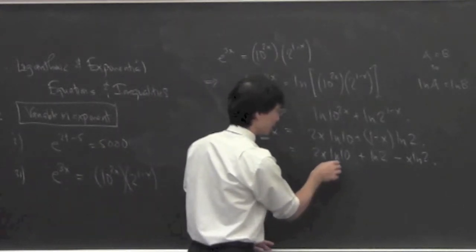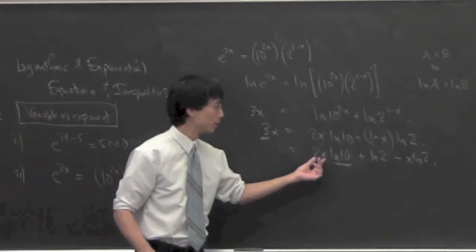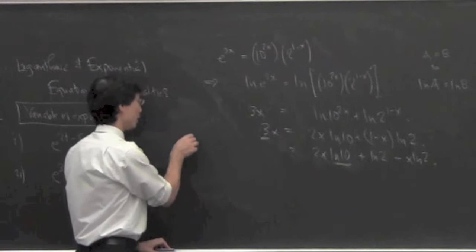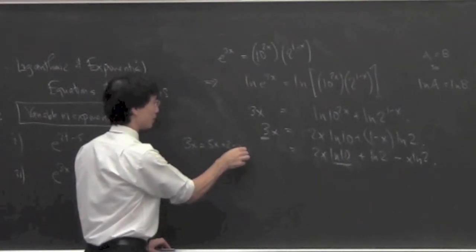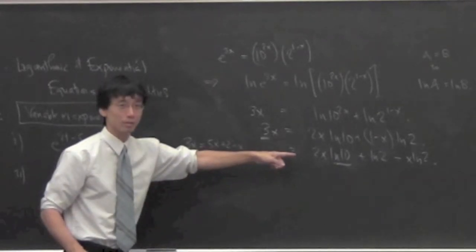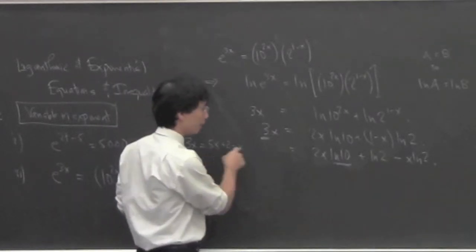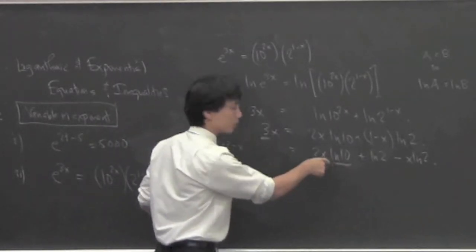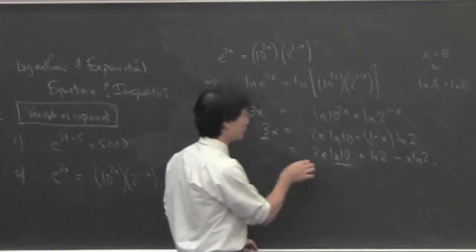The only thing is that you've got more fancy looking numbers. If somebody said 3x is equal to 5x plus 2 minus x, and said solve for x, you would laugh. You should be laughing now because this is the same thing. It's just that instead of 5, we've got 2 natural log 10 of x. This is really nothing.